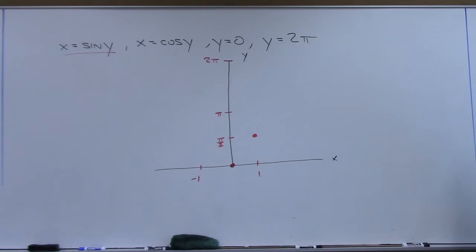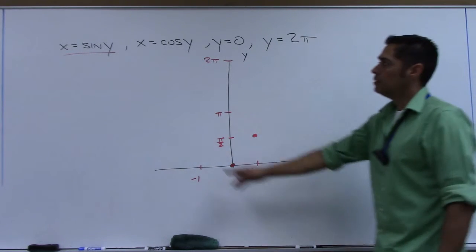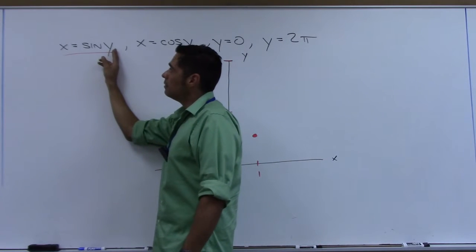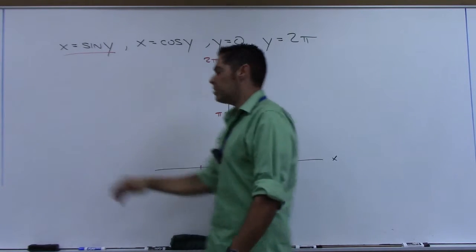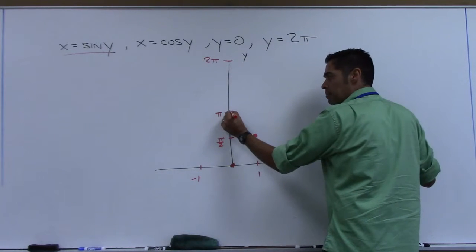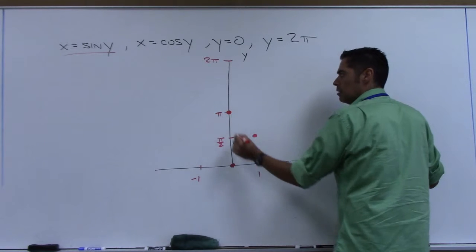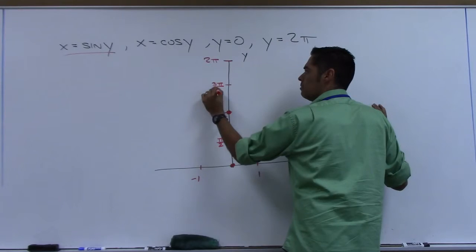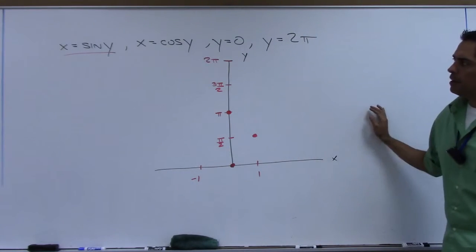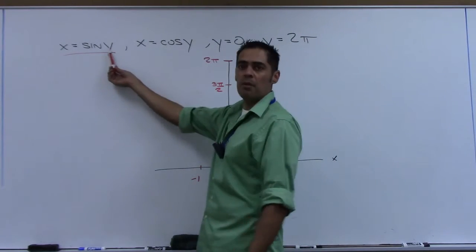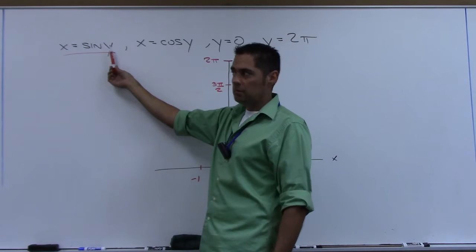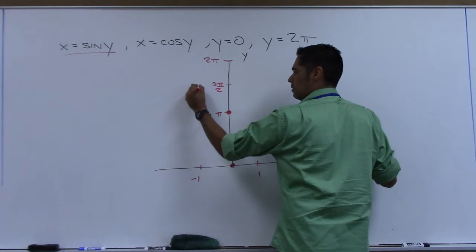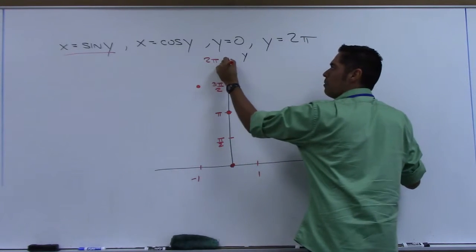What's sine of pi? 0. So up at pi, x is 0. For 3 pi over 2, sine is negative 1, so the x value is negative 1. And then back at 2 pi, we're back at 0.